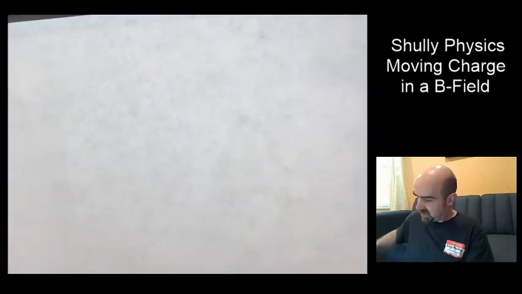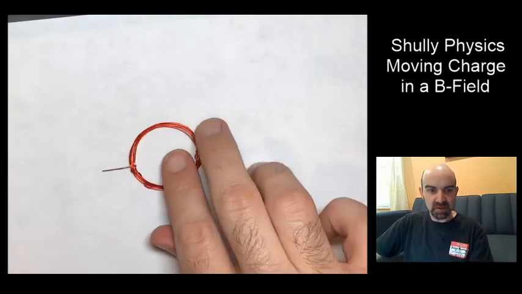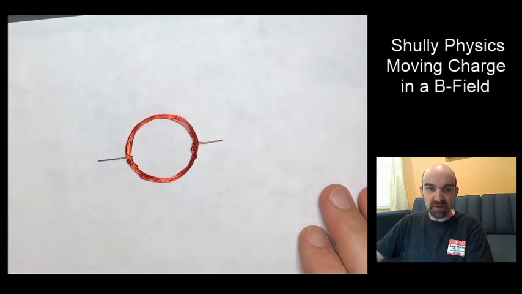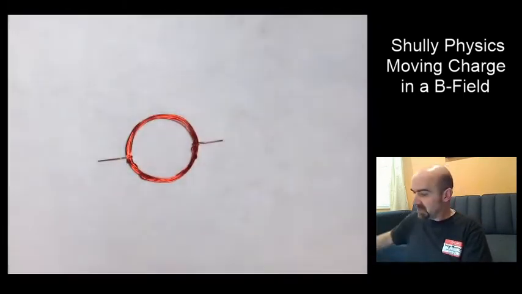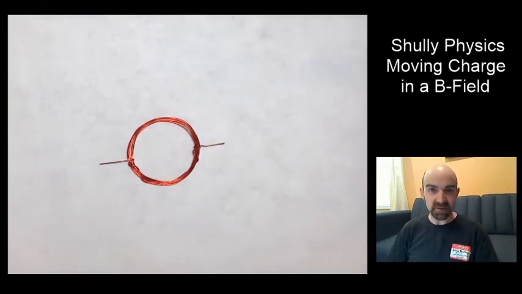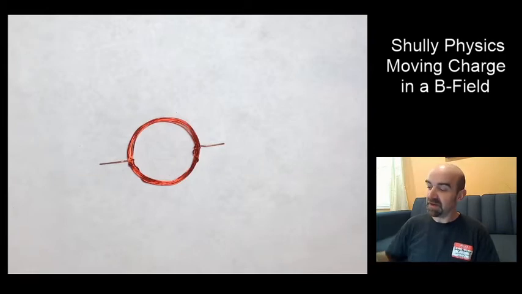Now, what do you think affects how a moving charge might be affected by a magnetic field? Do you think moving the charge faster, or moving it in different directions or angles, would have an effect? Those are good guesses if you had them, and you're exactly right.